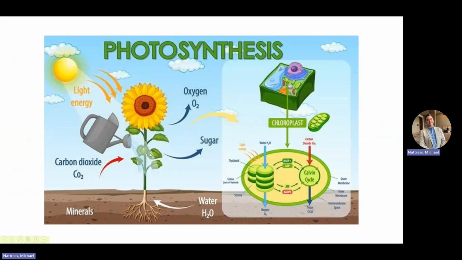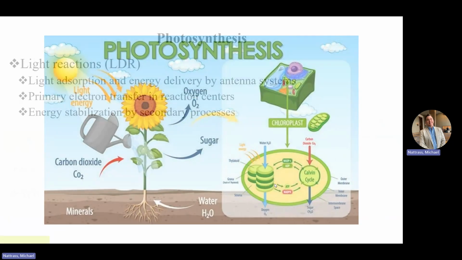Us as humans and as animals get our energy from that, and we give oxygen back off into the atmosphere. So this occurs in the chloroplast, and we'll go through a couple of the light reactions and the dark reactions, and just a brief overview of what happens, where it happens, and how it happens, to finally get to that glucose molecule.